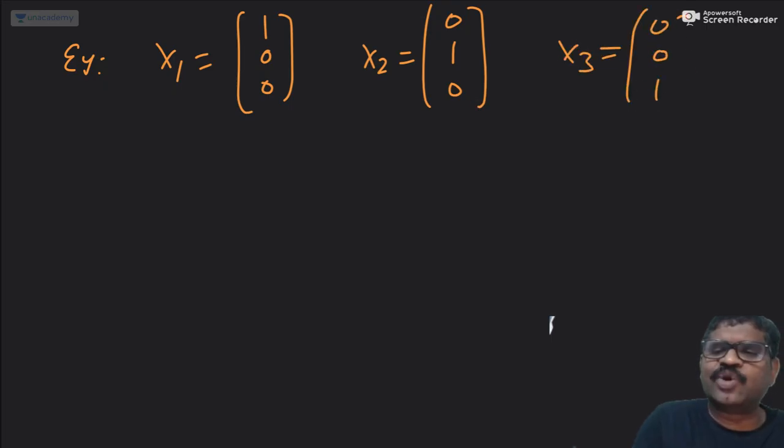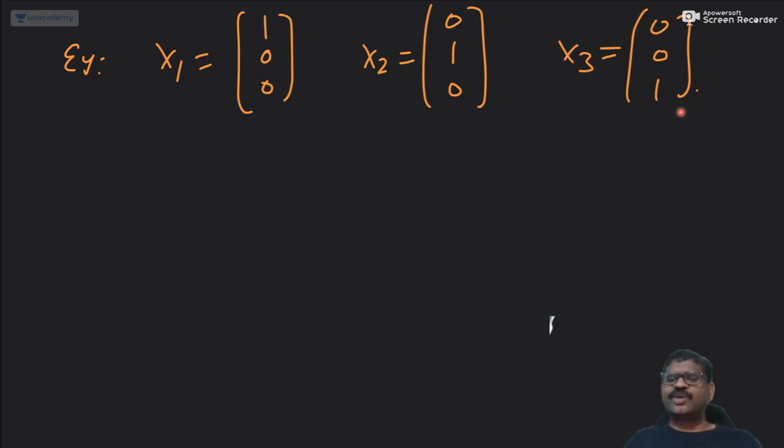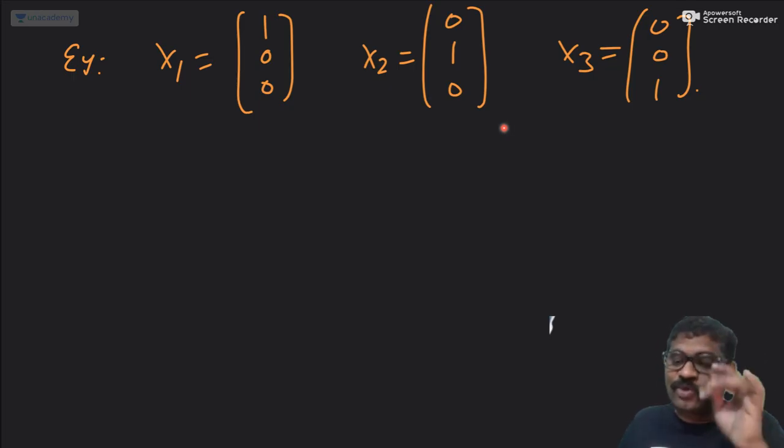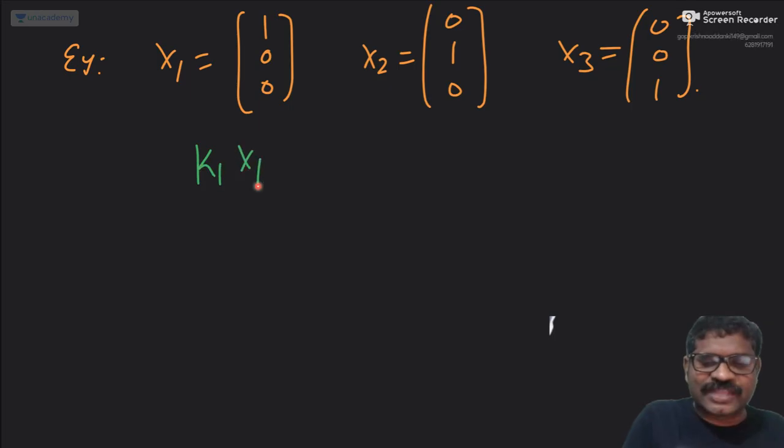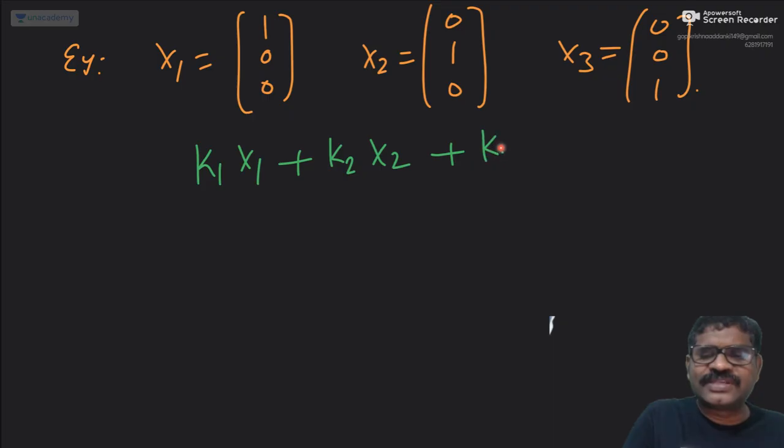I am taking a known example. Why am I taking a known example? In that method, we got independent. Here also you will get independent. In that method, if you get dependent, here also you will get dependent. Now, observe. In this procedure, what do we have to do? You have to write the linear combination form. K1 x1 plus K2 x2 plus K3 x3 equal to 0.